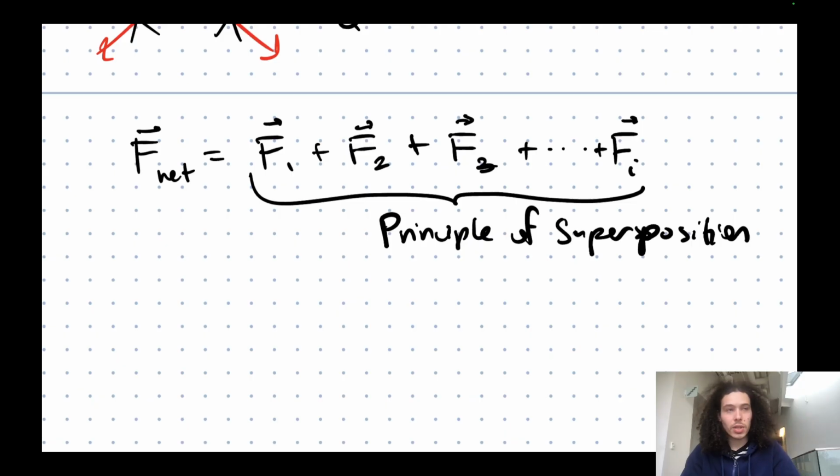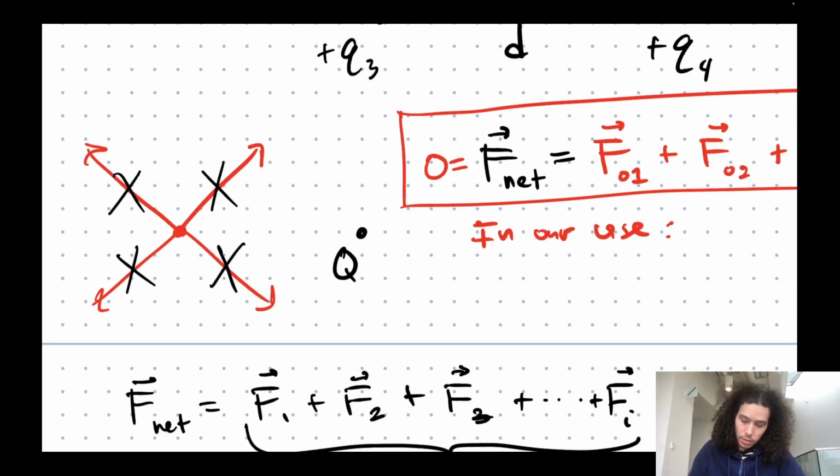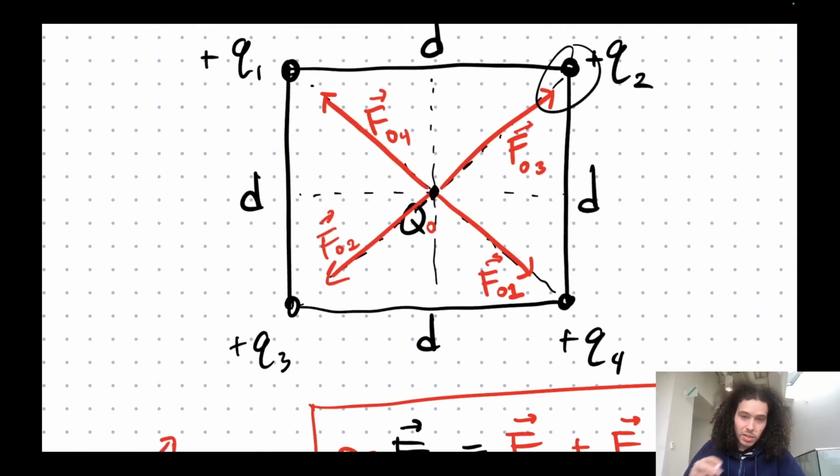The fact that you can just take all these vectors and add them up. You can simplify the problem by looking at 2 interactions at a time, figuring out the force from that, and you just keep on doing that until you get the forces for all of your interactions. That's kind of what we've been doing.